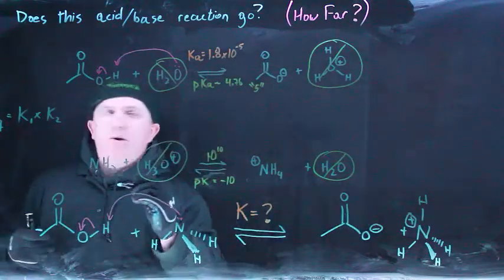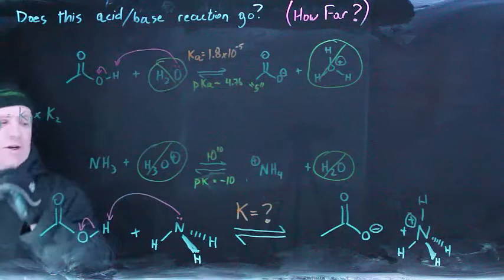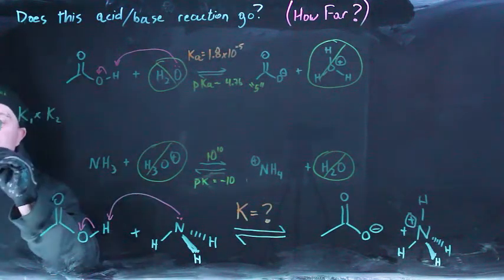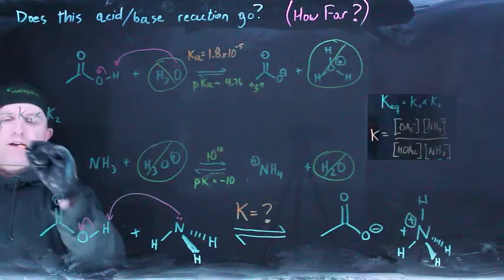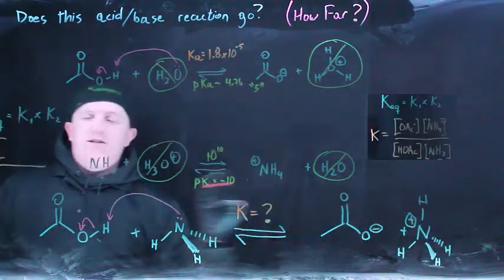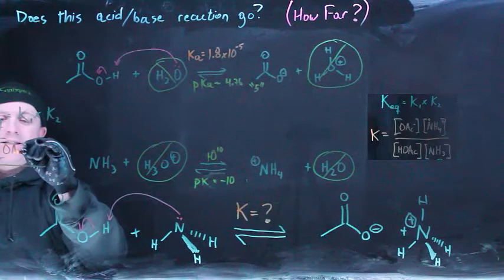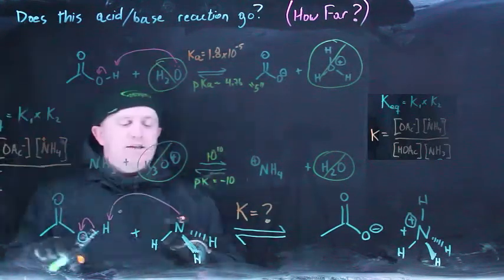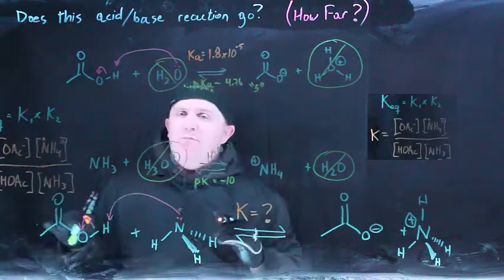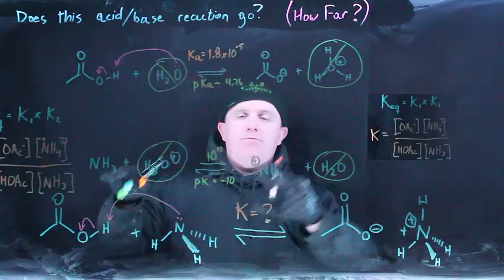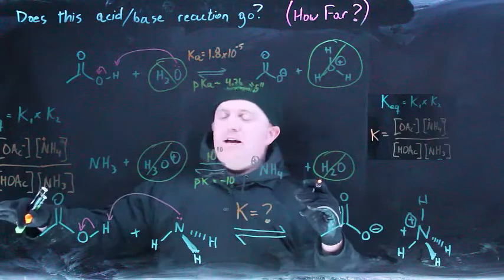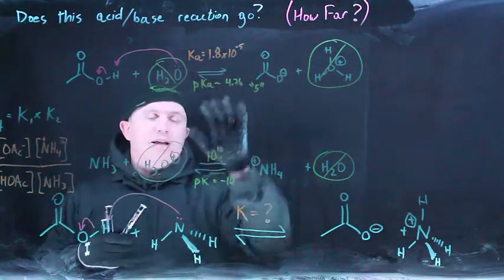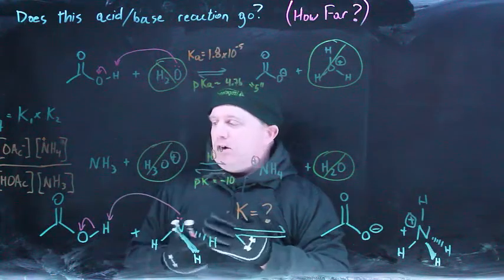Just remember that the actual K for the reaction that we are interested in is given numerically by the concentrations of the two products, which is to say acetate minus and ammonium plus, divided by acetic acid and ammonia. But if you work through the equilibrium expressions for these two and then figure out how you get those to add up to that, what you're going to find is you multiply the two together. And in pK land, what you're doing is you're adding, because this is a log expression.